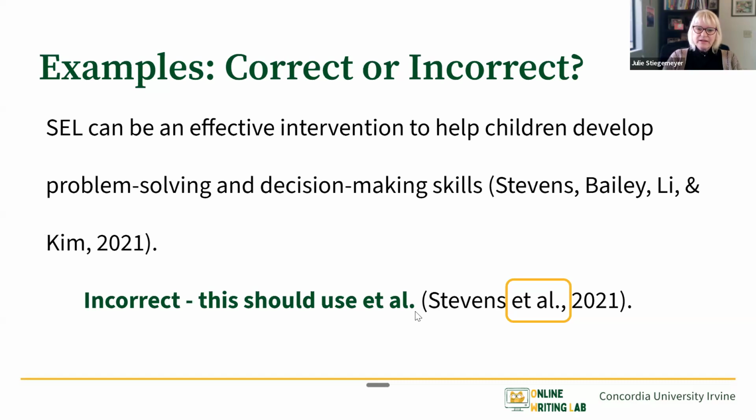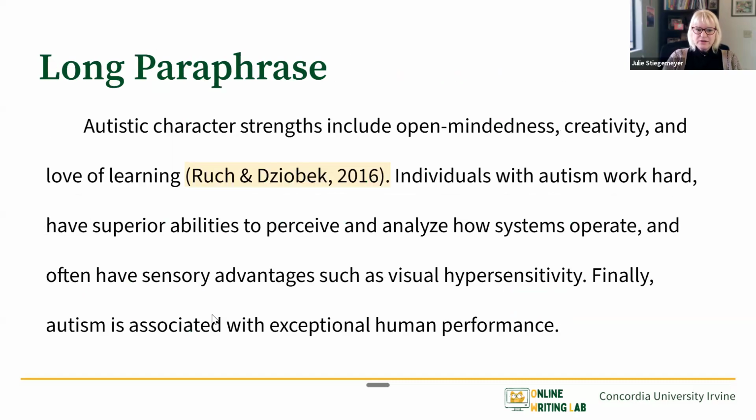An old guideline from APA 6 was to include all the last names the first time they're mentioned, and after that you could use et al. But that's no longer the case. With APA 7, we always use et al. for three or more authors. One other quick note, if you're writing a paragraph that's all basically from one source, you want to be able to cite that. However, we don't cite it at the end of every sentence.